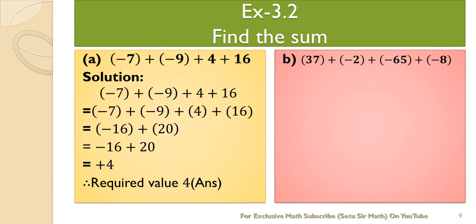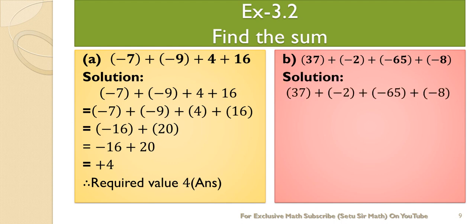Next math, the same rule. Solution. So 37 plus and minus, that will be minus 2, plus and minus, that will be minus 65, plus and minus, that will be minus 8. You can see minus 2, minus 65, minus 8. All the numbers we will sum. So 65 plus 8 plus 2, that will be 75, and the sign will be the bigger number's sign.